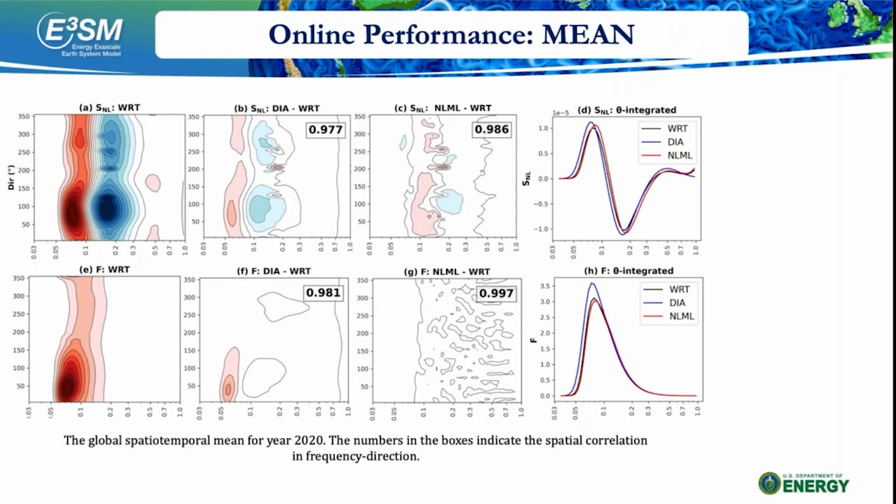We can see directly the difference between the DIA and ML: we have these high positive bias values of spectral energy, and this is really not showing in the ML model. We have better pattern correlation, and you can also see from the integrated spectral energy that our ML model matches the WLT compared to DIA.